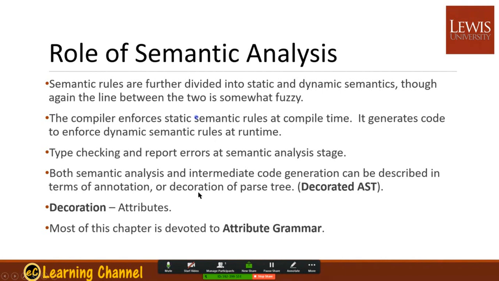Both semantic analysis and intermediate code generation can be described in terms of annotation. The annotation, which we call the decoration of the parse tree, has as its end result a decorated abstract syntax tree, based on the attribute grammar that we will discuss in this chapter. That grammar is for decoration, and the end result, the decorated abstract syntax tree, will be in GIMPLE format in the GCC compiler.